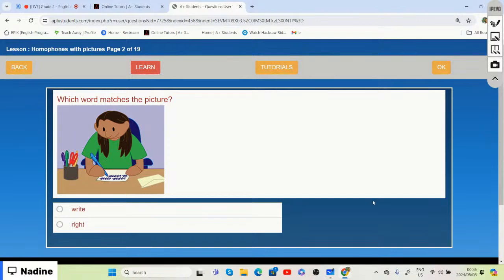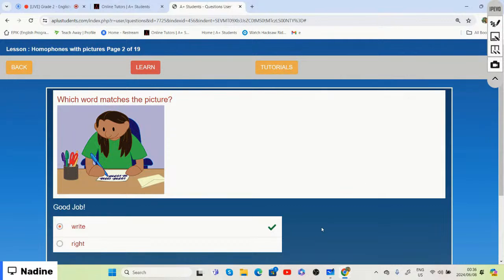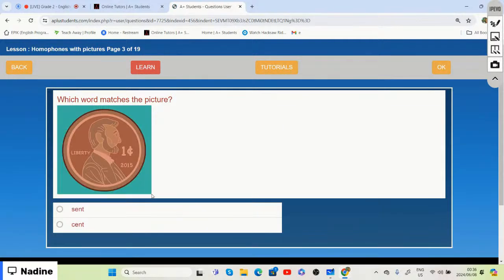All right, and if we were to choose the correct one, we would say it's the first one, which is right. It's like you write a letter, you write a poem, you write a story, right? But right is correct, right? So well done. Option one is correct.